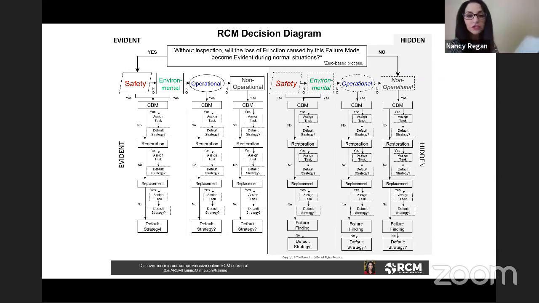But do you remember how we just talked about, I'm going to stop sharing for a second. I want you to keep this in your mind as we go through this. So you see how in RCM, the bulk of the decision diagram is figuring out what kind of maintenance we should do, whether it is a scheduled replacement or an overhaul or condition-based maintenance.